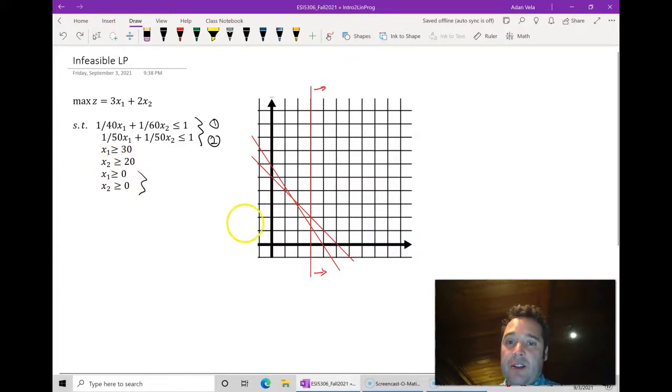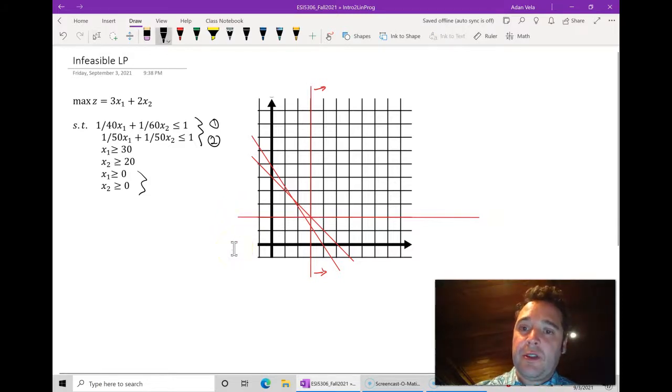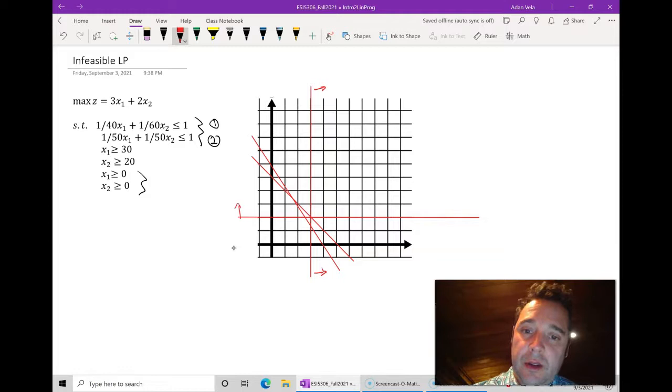So adding in the x2 greater than 20, we have this inequality constraint, and the half space that is feasible is everything above the line. Now, as I said, the only feasible space prior to adding this last constraint was this yellow region.